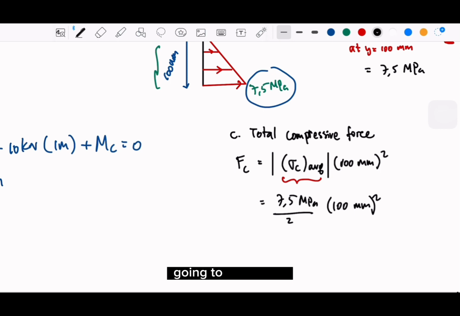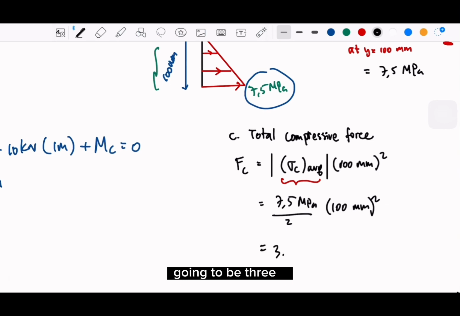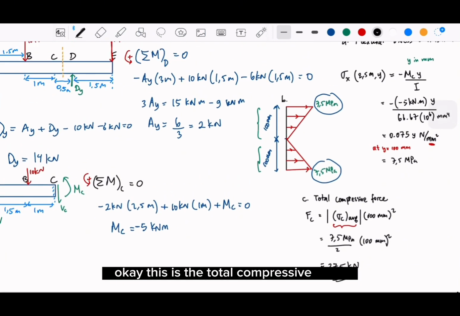Okay, it's going to be 37.5 kilonewton. Okay, this is the total compressive force.